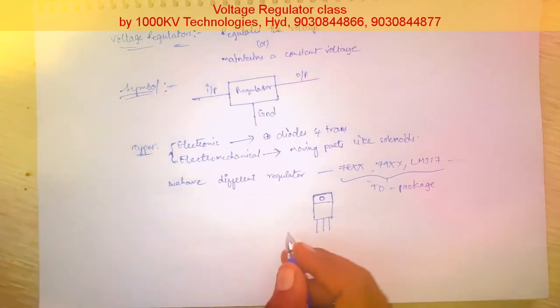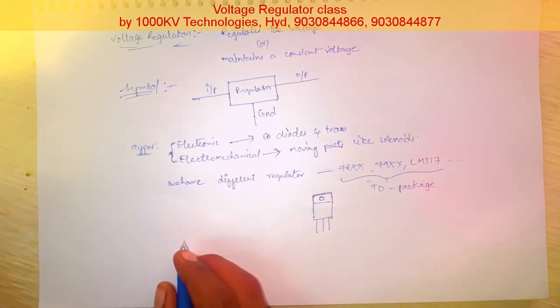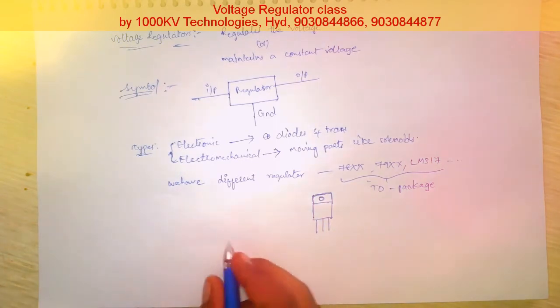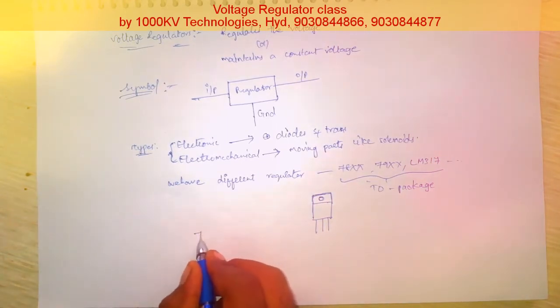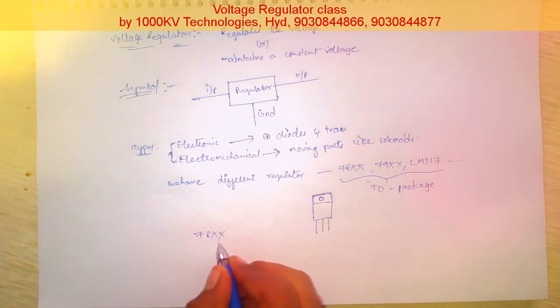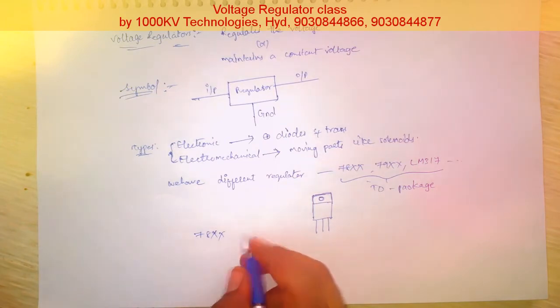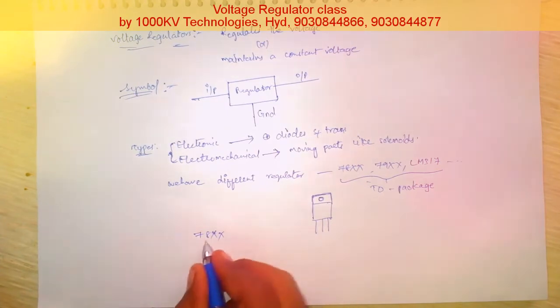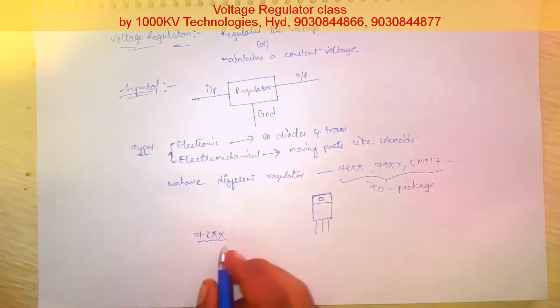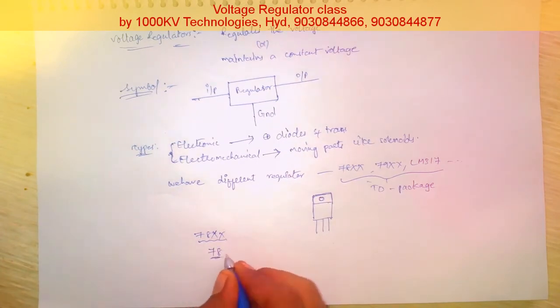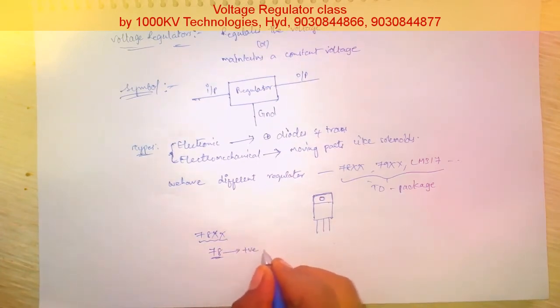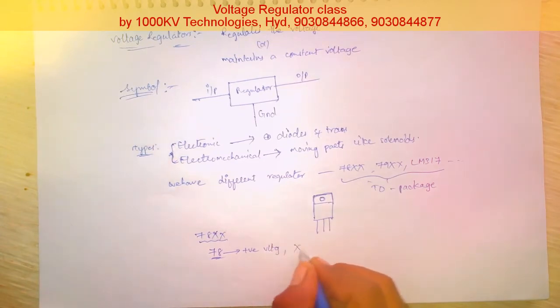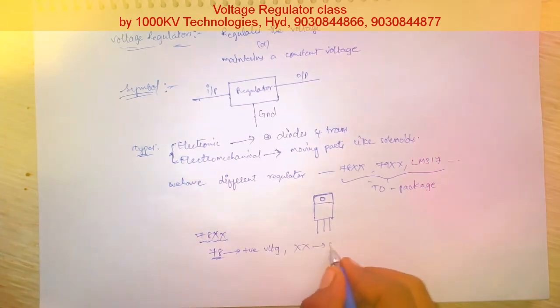And these regulators we use widely in projects and small R&Ds. Coming to an example, take the voltage regulator 78XX. This is a widely used regulator in electronics. See, these numbers indicate some values. 78 represents positive voltage and the XX represents the output voltage.